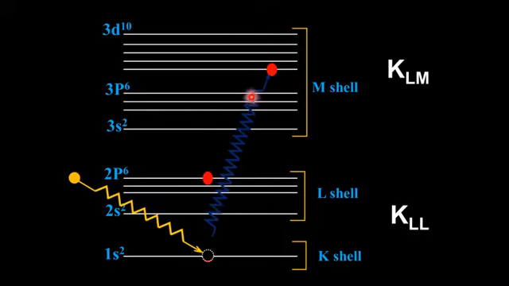Now, if the emitted characteristic X-rays interact with any electron present in the L shell, somewhere here, since you know that the L shell has a maximum of 8 electrons, and if the energy of these characteristic X-rays is higher than the binding energy of the L shell electron and it ejects the L shell electron, then the spectral line associated with such an electron will be the KLL Auger electron spectral line.